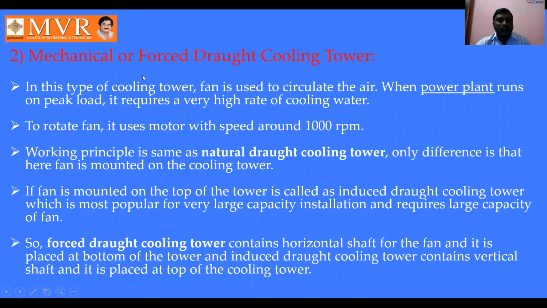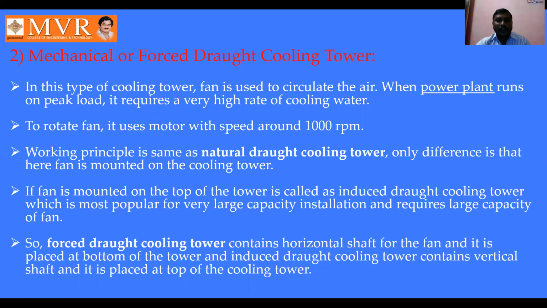And see here, mechanical or forced draft cooling. In this type of cooling tower, a fan is used to circulate the air. In natural circulation, we are not using any fan, but in the mechanical or forced draft cooling system, we use a fan to circulate the air. When power plants run on peak load, they require a very high rate of cooling water, due to the heavy temperature.